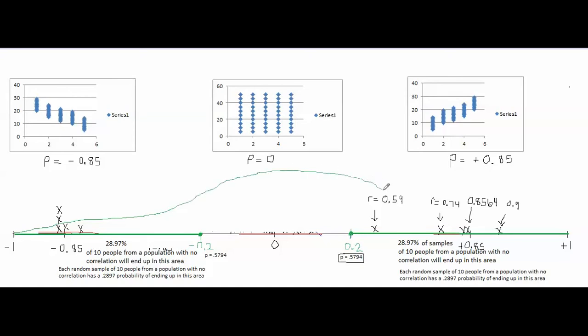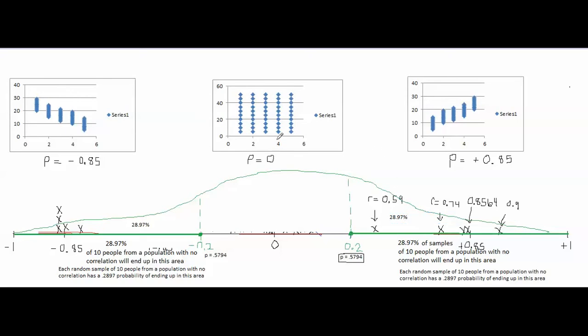It would actually be more spread out than what I made it look like, because I said 28.97% of the samples of 10 people from this population would end up out here, and 28.97% of them would end up out here.